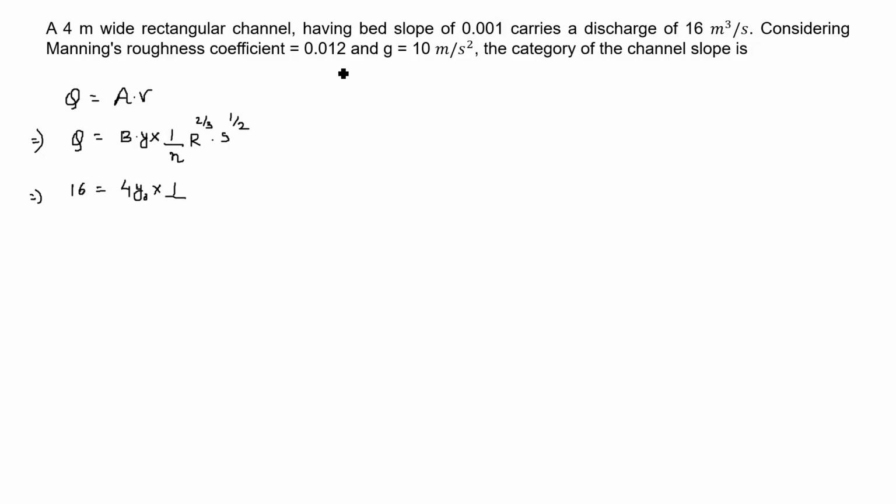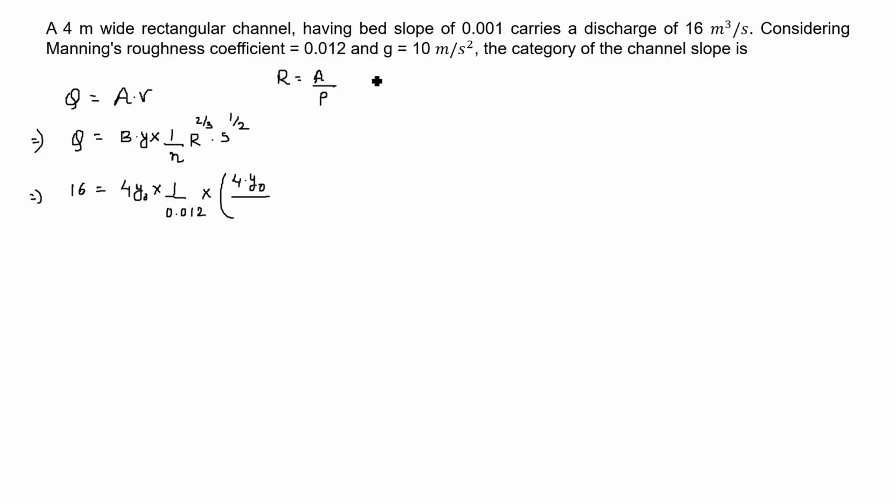n is Manning roughness coefficient, which is 0.012, into R. R is the hydraulic mean depth, which is area by wetted perimeter. The area of the rectangular channel is width into depth, so B is 4 into Y naught, which we need to find, divided by perimeter.